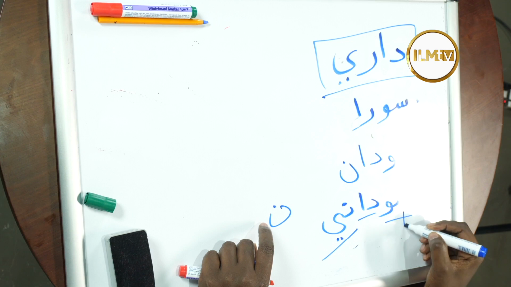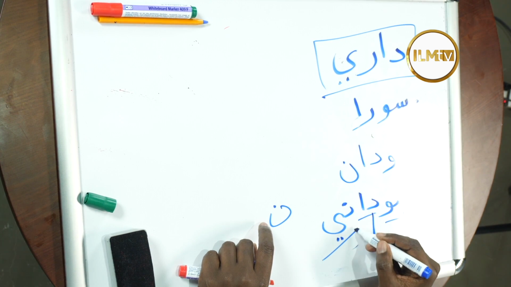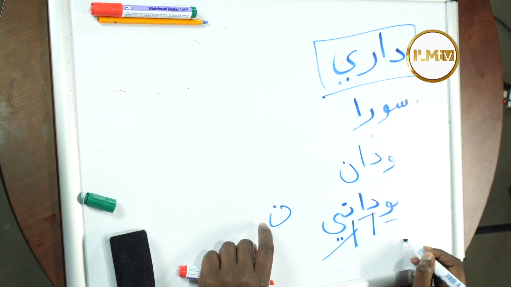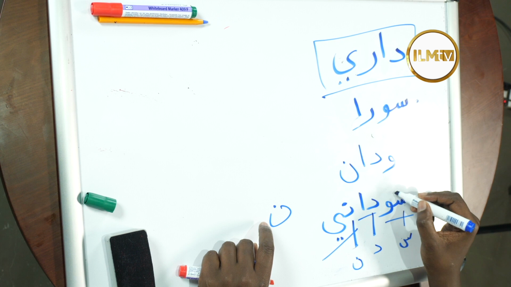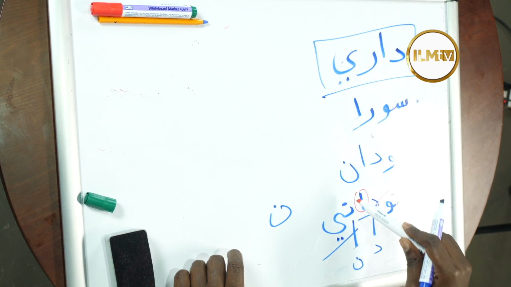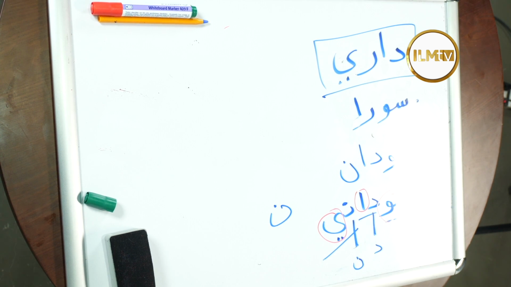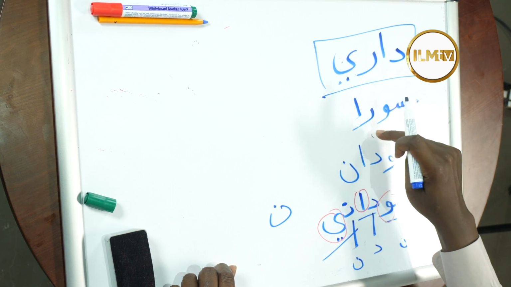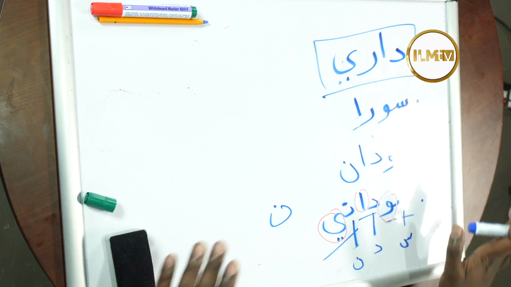So we have S, D, N, and here we have a U, an A, and an E. So these are our three vowels. These are three consonants. And you add that to the R, and we have everything now.